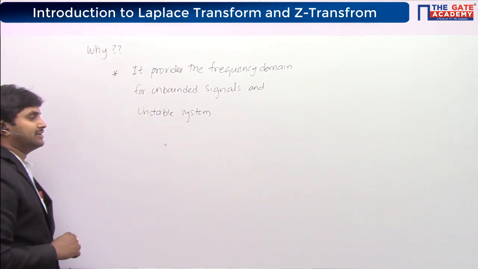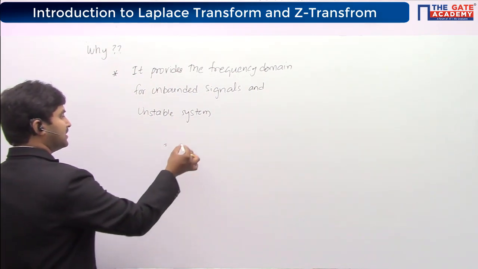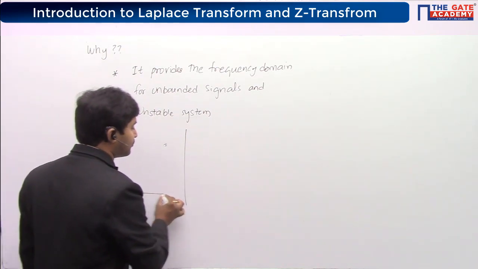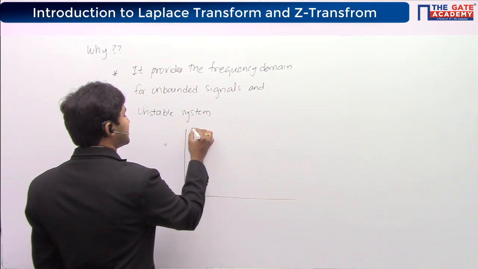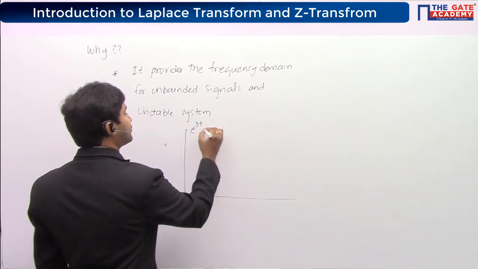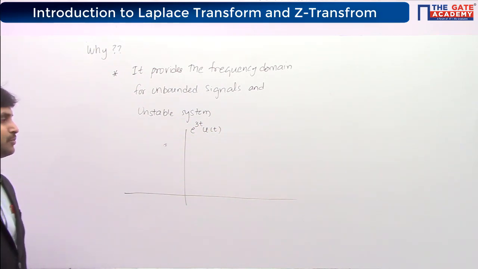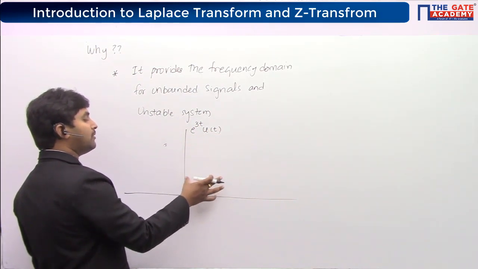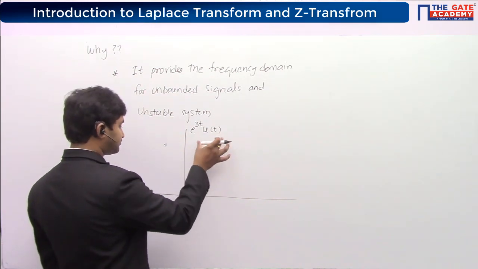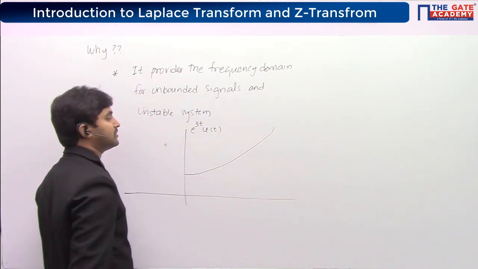Now, how is this done by Laplace? Let us try to understand this aspect. Let us take an example where the Fourier transform fails. If I consider a signal like e power 3t u of t, because of the presence of u of t, the signal will only be present for t greater than 0. It starts from 1 and is an exponentially rising function.